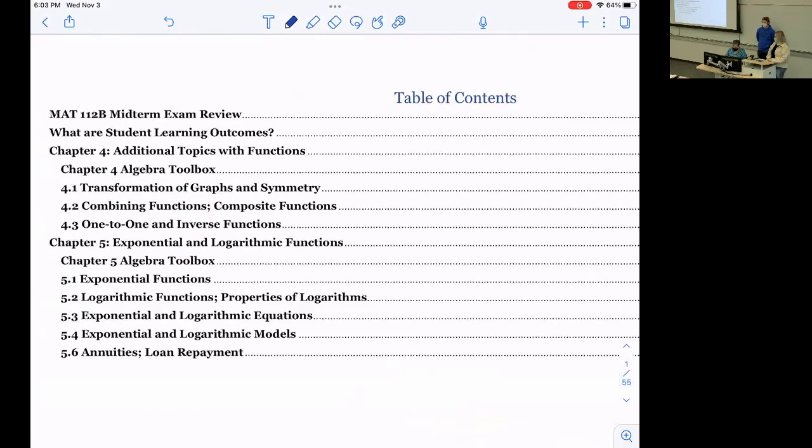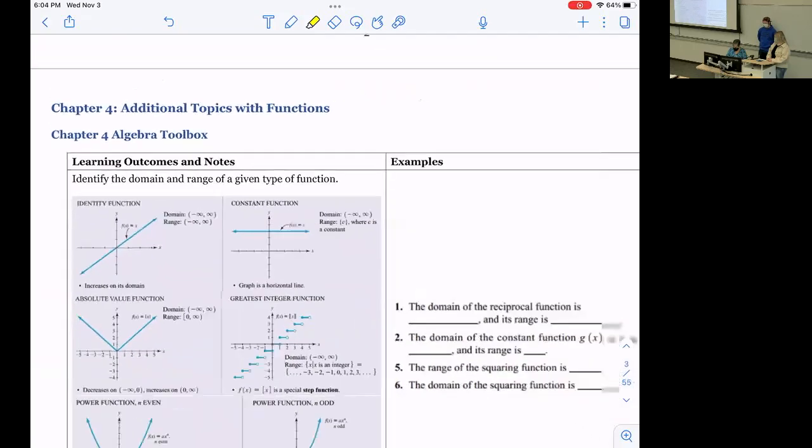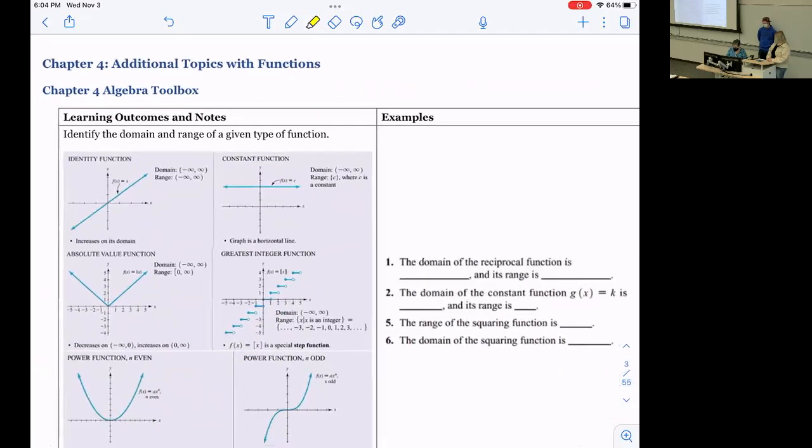All right. So for the midterm, your instructors are covering all of chapter 4 and all of chapter 5. Now, we have these algebra toolbox sections. While we're not testing over these explicitly, you're not going to have exam questions directly out of this toolbox, it's expected that you understand how to work questions from the toolbox sections. So I've included those in our review. You can see here, chapter 4 algebra toolbox is on page 3.